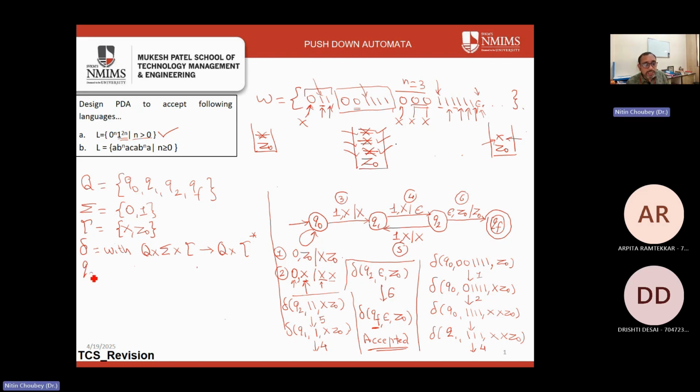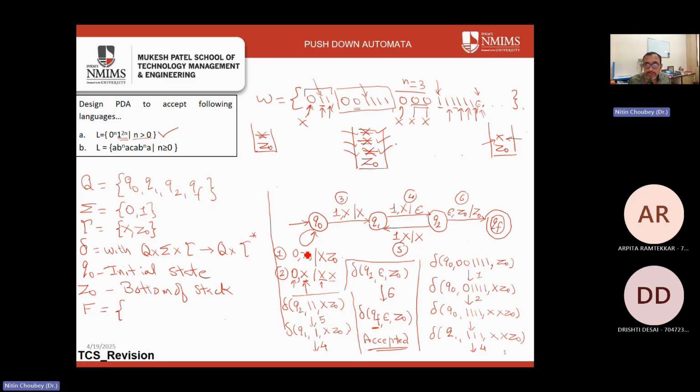Our initial state is Q0. Then Z0 is available. That is the bottom of stack indicator, also referred to as the special stack symbol. And capital F is the finite set of final states.